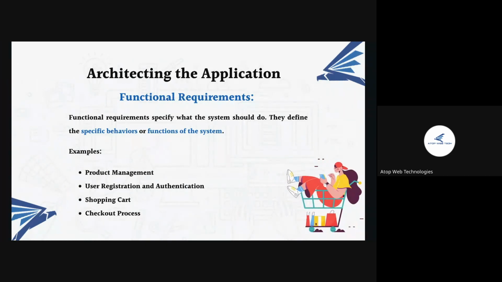An example of a functional requirement here is product management. Our eTop shop must allow administrators to add, update, and delete products within the catalog. An example is provided here: an administrator can upload a new product with a name, description, price, and image.